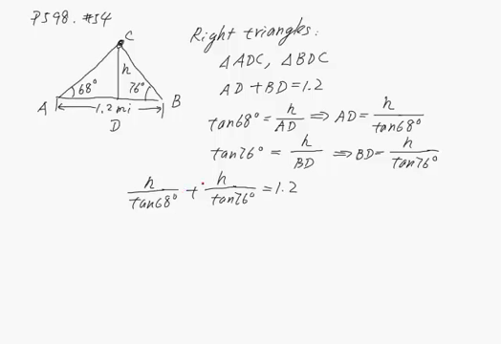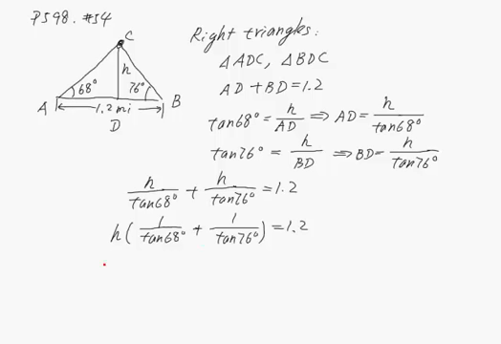Then we factor out this h on the left side. So we have h times (1 over tangent of 68 degrees plus 1 over tangent of 76 degrees) equal to 1.2.